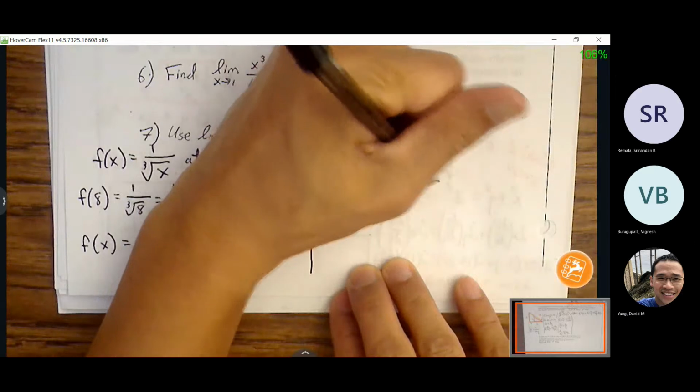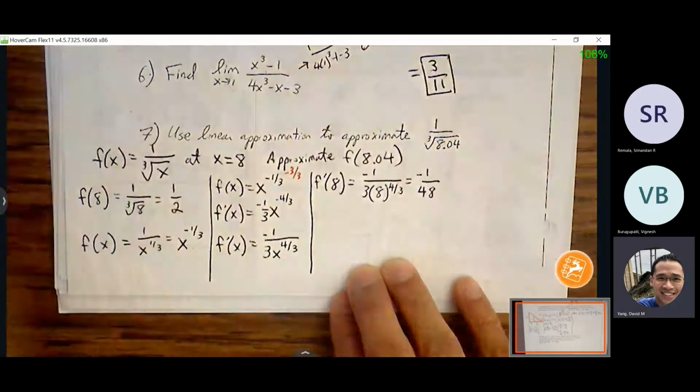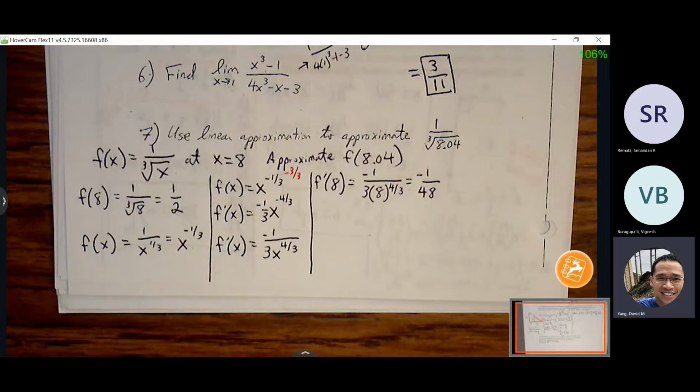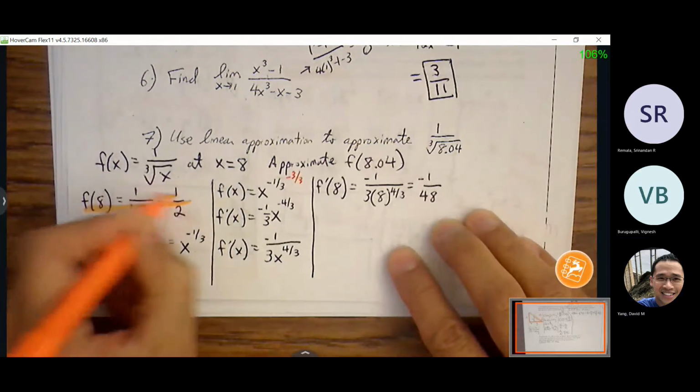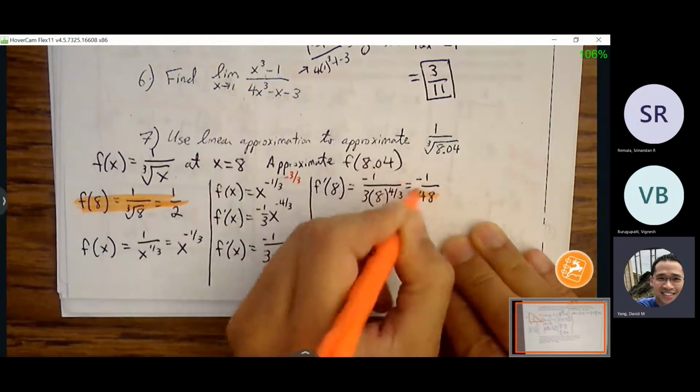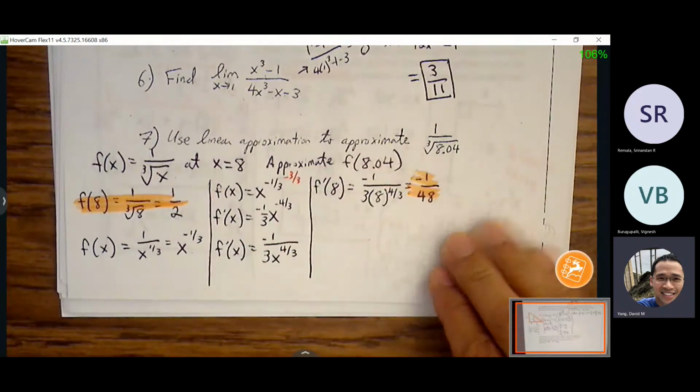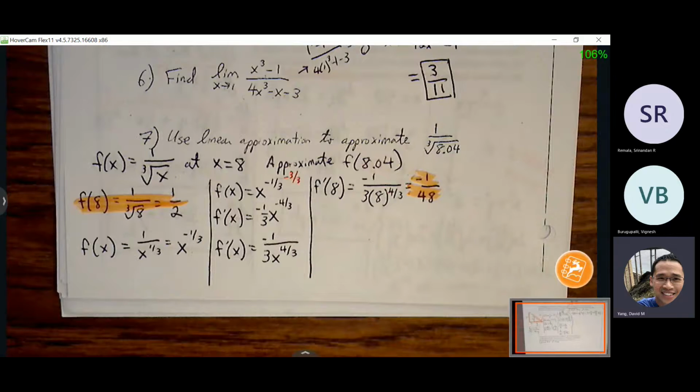All right, we're going to use the ordered pair and the slope that we gathered to create our tangent line equation.